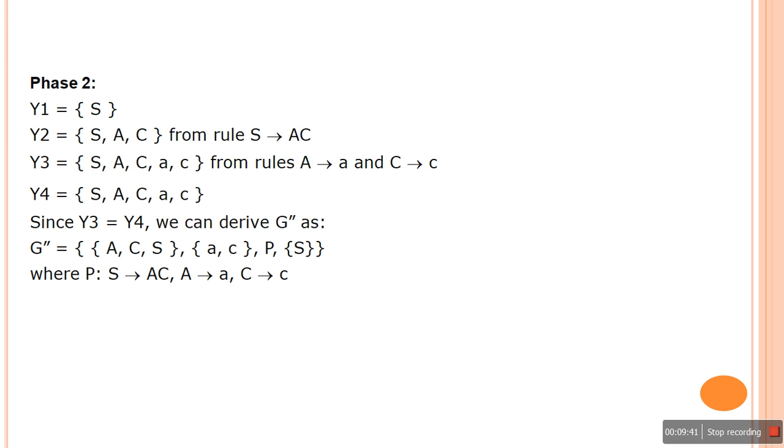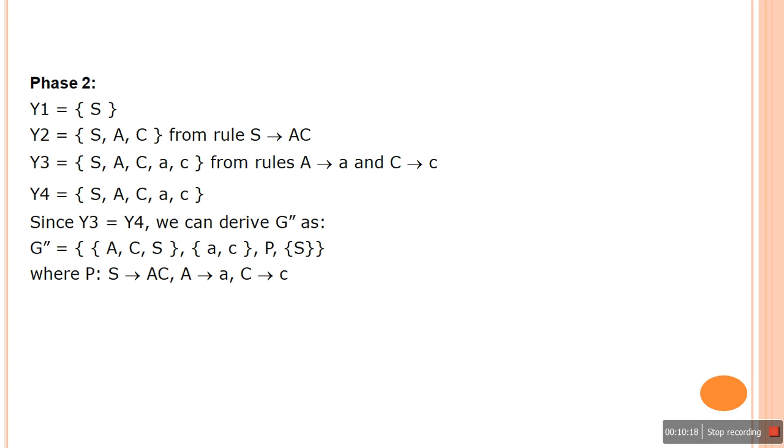In phase 2 we have to again derive a grammar G double dash from the previously derived grammar G dash such that it contains non-terminals also. Y1 is the start symbol S. Y2 is S, A, C from rule S determines AC, because here we have to check the terminal and non-terminal elements.